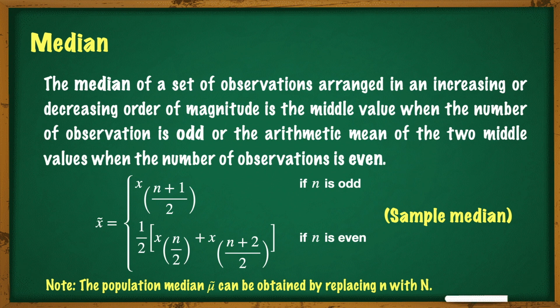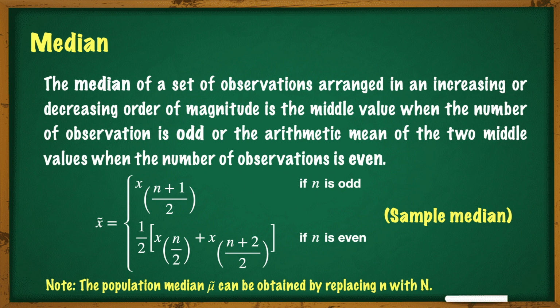Computing for the median, denoted by x tilde, depends on the ordered observations and the number of observations. If n is odd, then the median would be the middle value of the data set. Otherwise, if n is even, then it is the average of the two middle values.